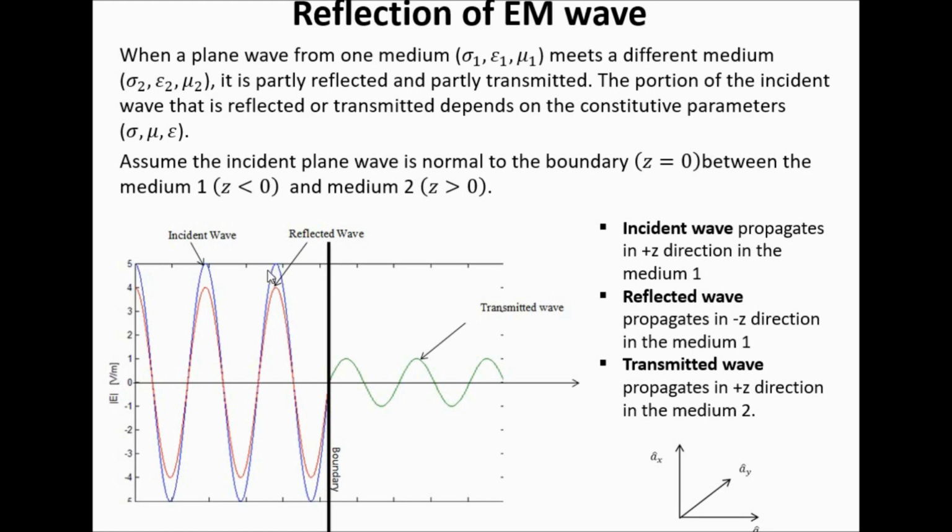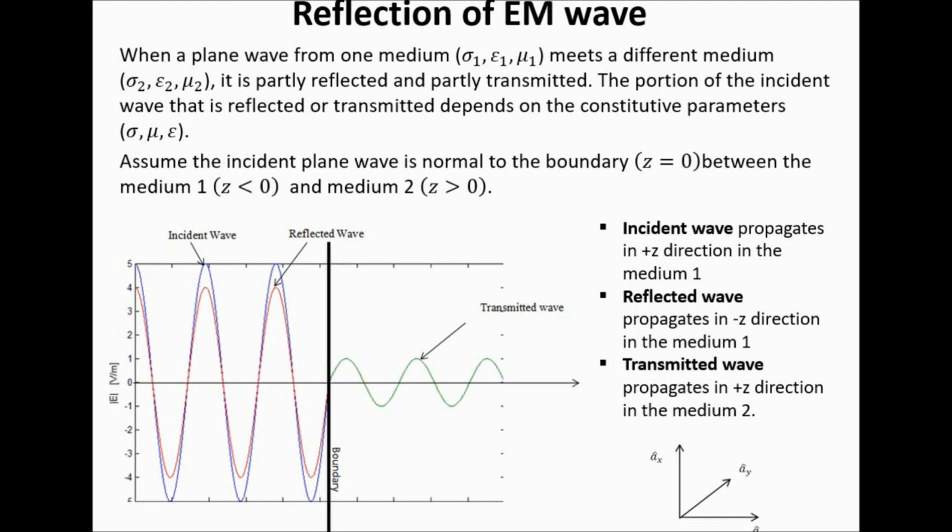The other point to mention here is that the incident wave has the highest amplitude, then some part will be reflected and transmitted. As you see here, we have three waves for the electric field, and also three waves for the magnetic field.